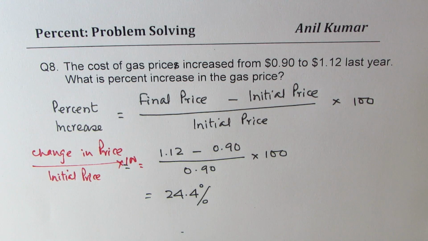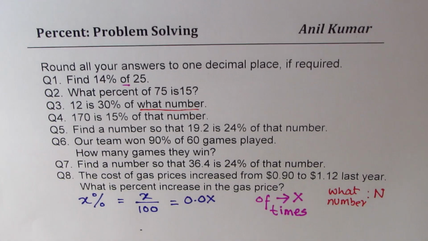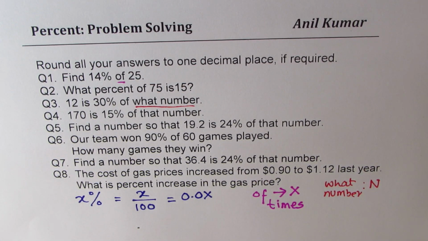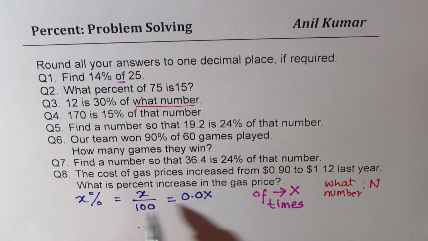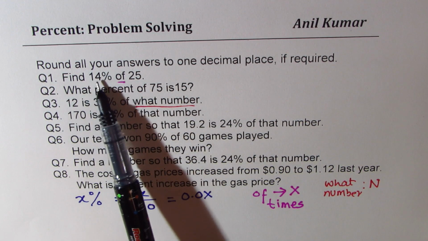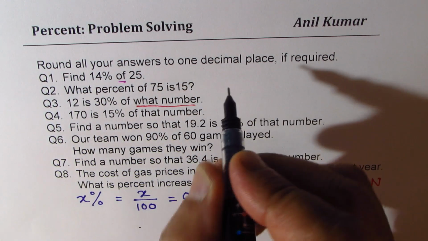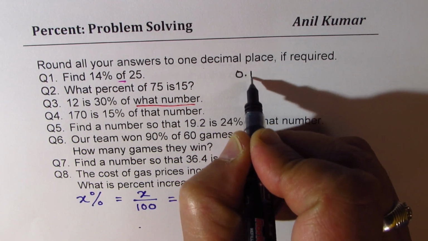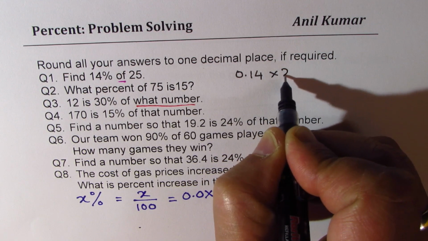So coming back, when we solve percent related questions, we always consider the basic translation. Whenever something is written as x%, it could be written as x over 100 or 0.0x, right? For example, 14% of 25, I could do 0.14 times 25.